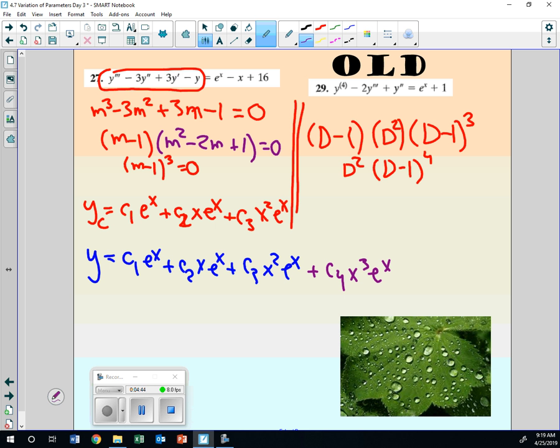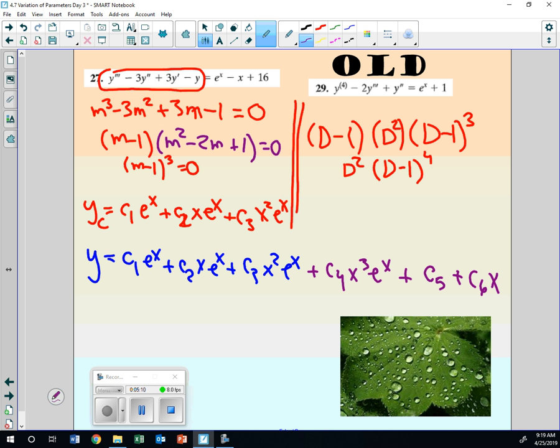With the d squared, you're going to have c5, and what else are you going to have since it's d squared? One more. C6 x. Because two derivatives will take this to 0. It'll also take that to 0.